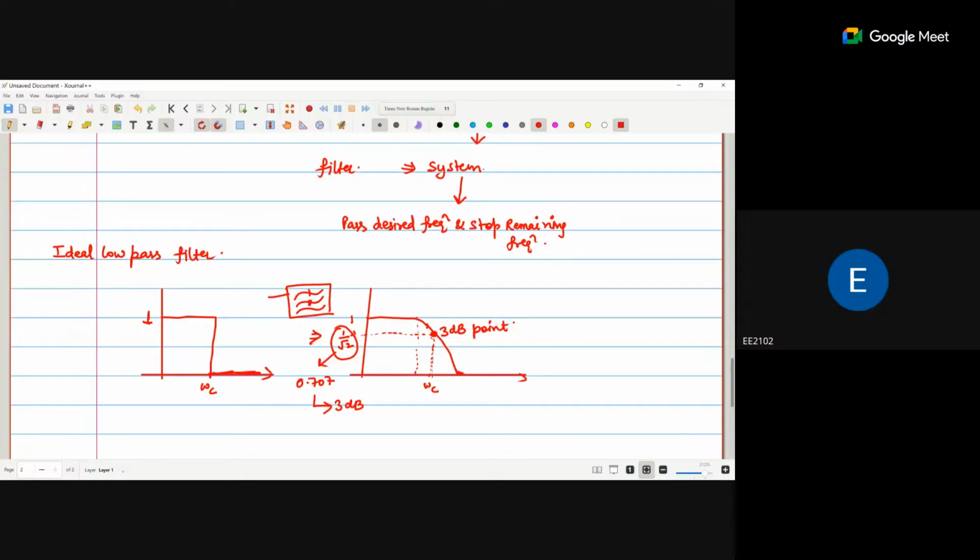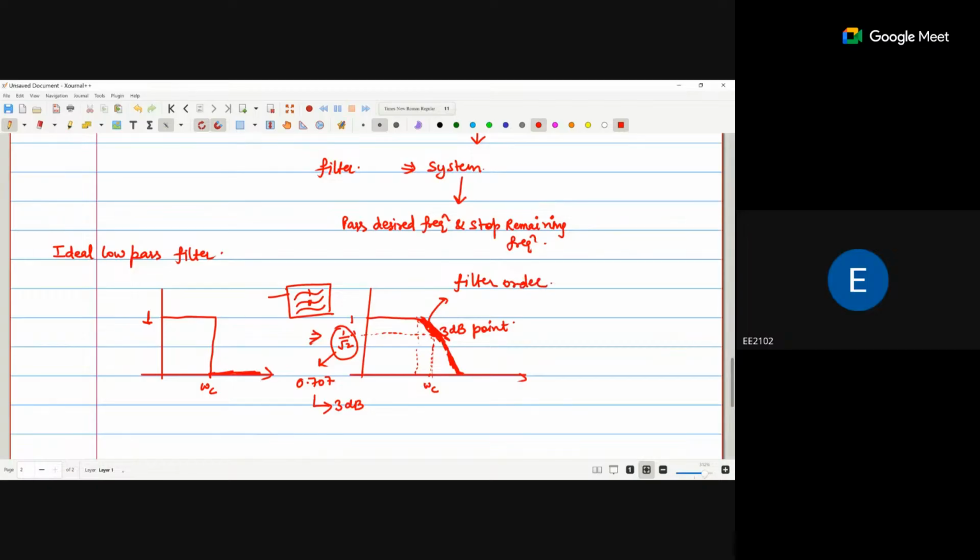Now this transition will depend on the filter.